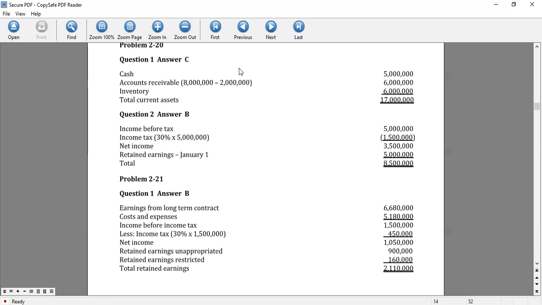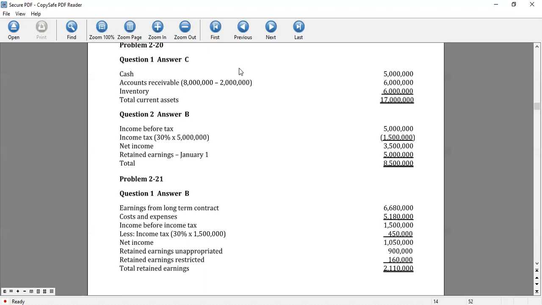So in accounts receivable, we are deducting from 8 million only 2 million, because 3 million minus 1 million. So we have 6 million, and the inventory is recorded at 6 million.